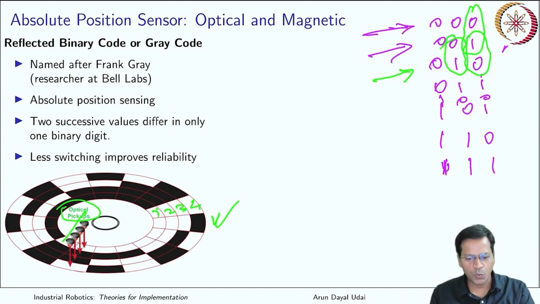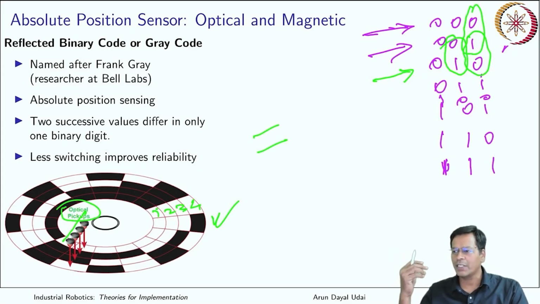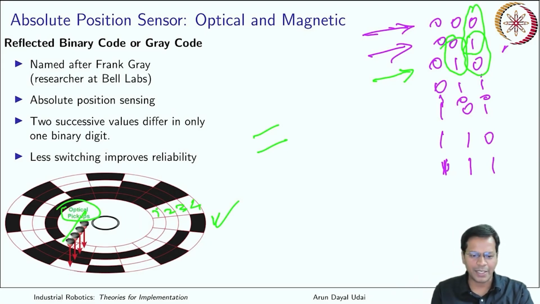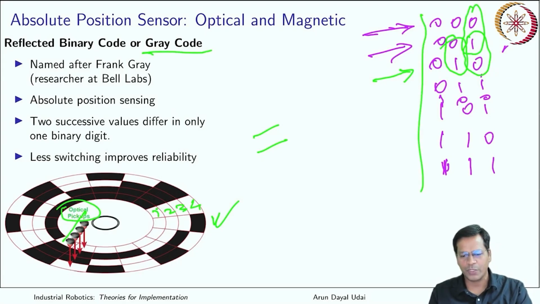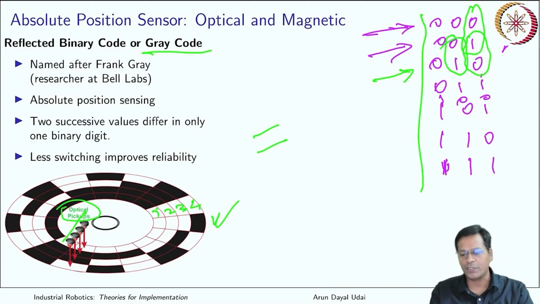So you see, if 2 wires are changing and one of the wires is faulty, you won't come to know whether this change is because of rotation or because of some faulty wire. Got it? So in order to avoid that, Gray came up with a new idea: you shuffle this binary coded decimal in such a way that at a time only one bit will change.